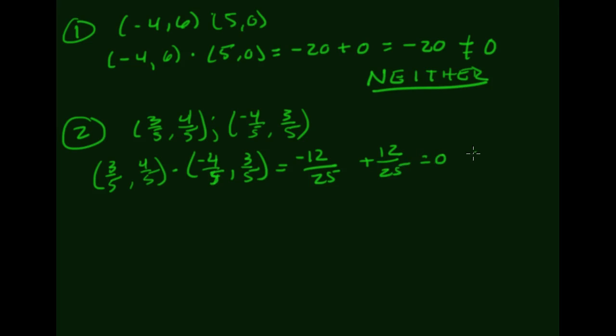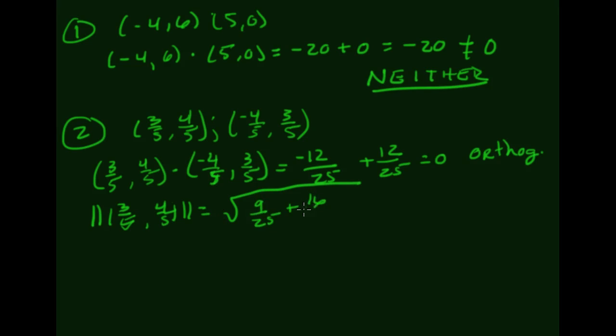So at this point, we know that we're orthogonal. Orthonormal would mean that both vectors have a magnitude of 1. So let's take the magnitude of the 3/5, 4/5 vector. This is the square root of 9/25 plus 16/25, which is the square root of 25/25, which is 1. So that's good.